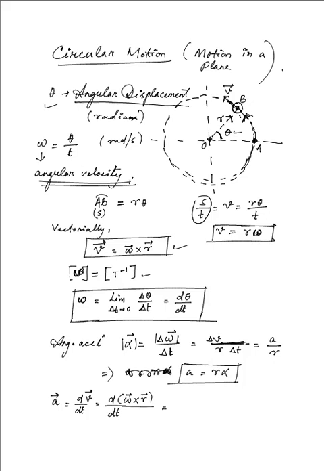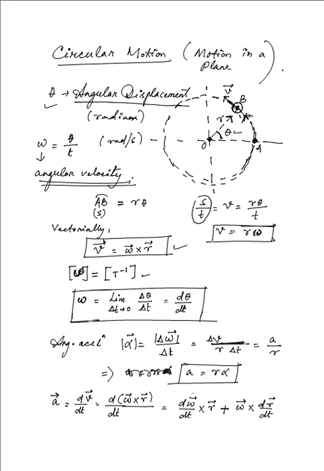Now without breaking the order, because in cross product the order has to be maintained, we have d omega by dt crossed with r. Now this is the derivative rule where you keep one of the things constant and differentiate the other. So we keep the first term constant in the next term and then cross with dr by dt. Now if you observe closely, we haven't changed the order.